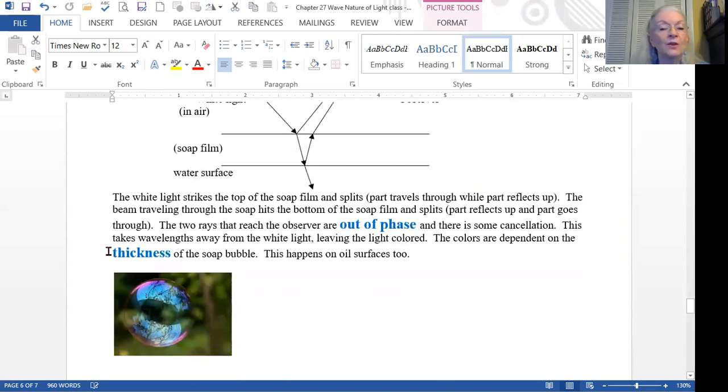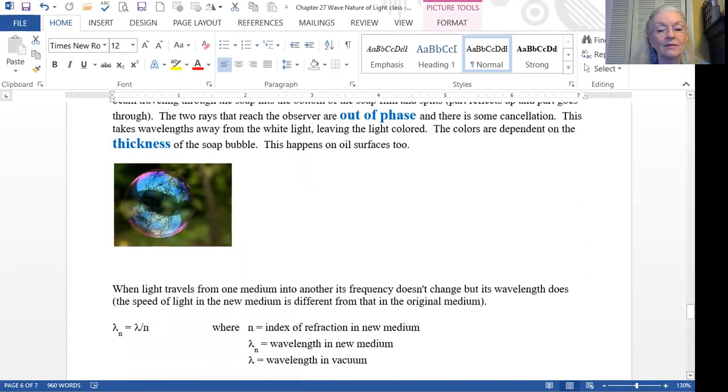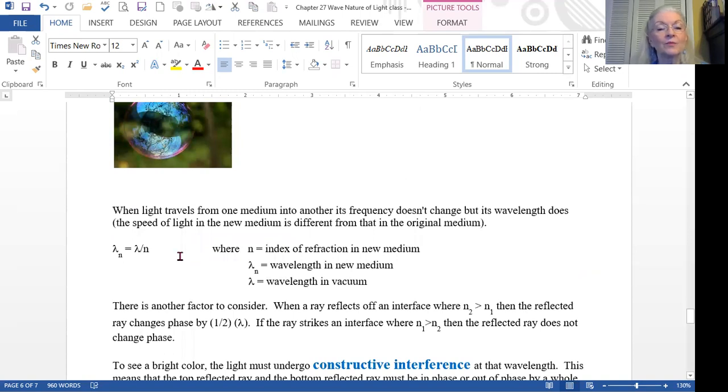So the colors are really dependent on the thickness of the soap bubble or the thickness of the oil slick, if that's what we're looking at. All these pretty colors, the turquoise or the hot pink, of course the magenta, those colors are controlled by the thickness of the film.